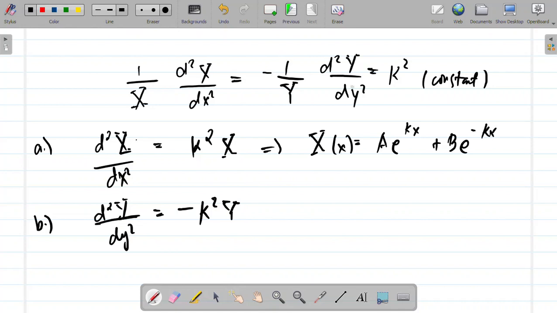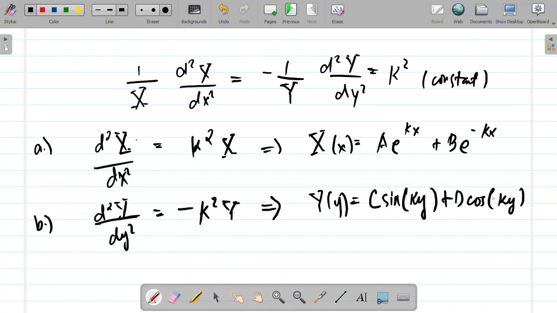Negative na siya. So, ang solusyon nito class ay hindi exponential kundi sine and cosine. So, Y of y equals C sine ky plus D cosine ky.